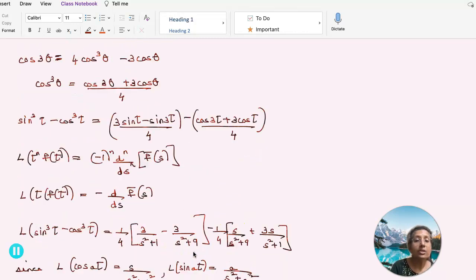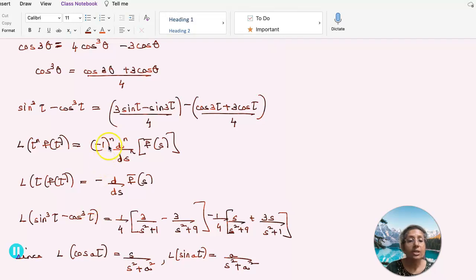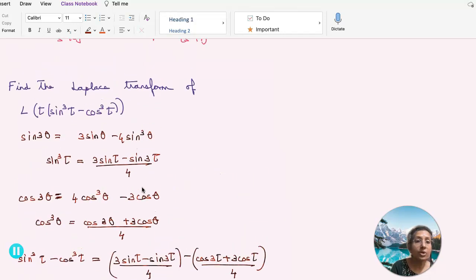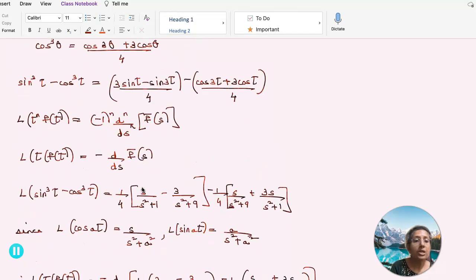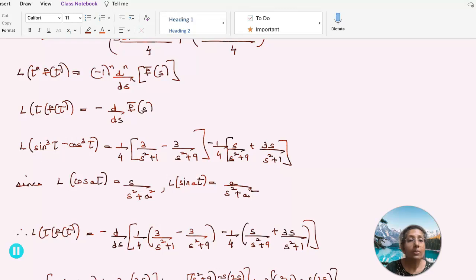Now the Laplace transform of t raised to n f(t) is minus 1 raised to n times the nth derivative with respect to s of the Laplace transform of f. So L of t f(t) will be minus d/ds of the Laplace transform of f, because we have t f(t) here. So now the Laplace transform of sine cube t minus cos cube t becomes 1 by 4.